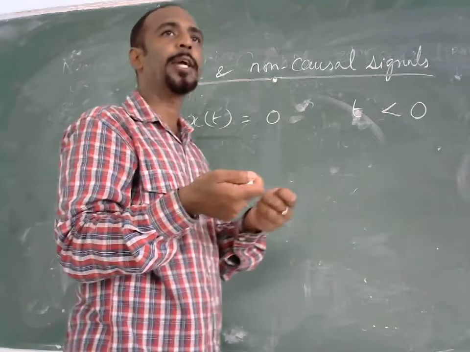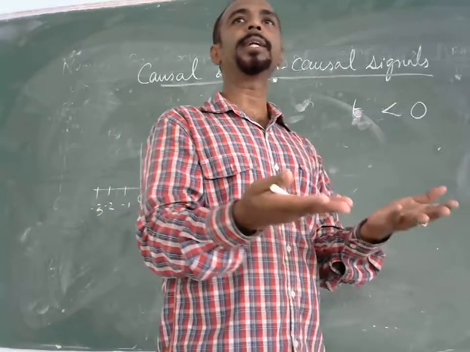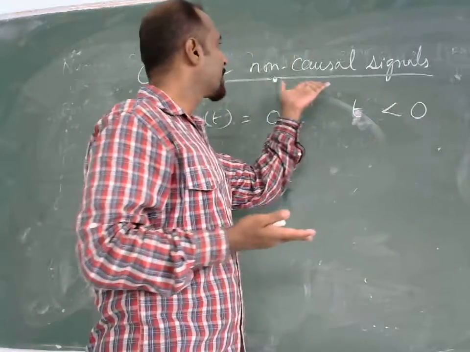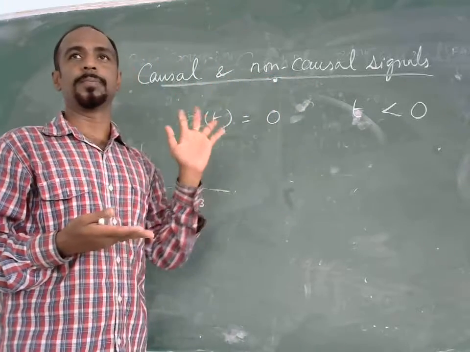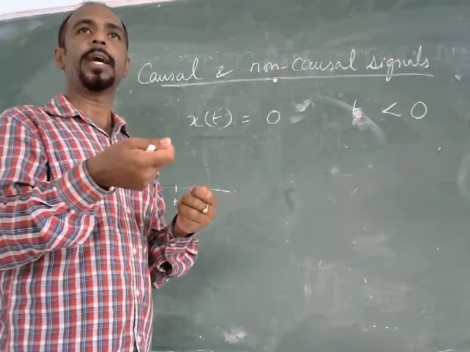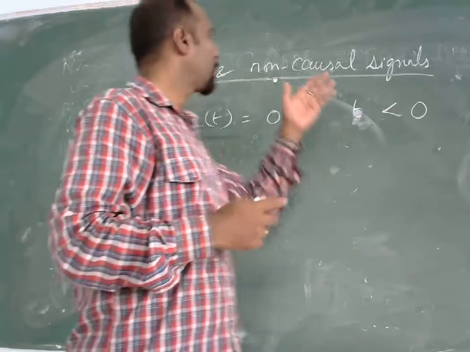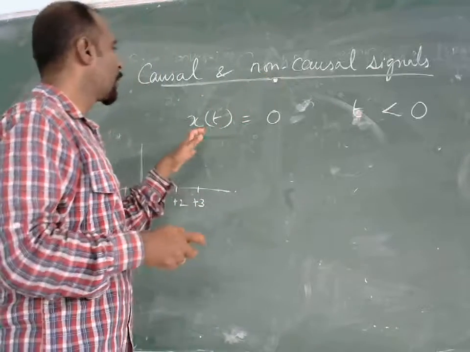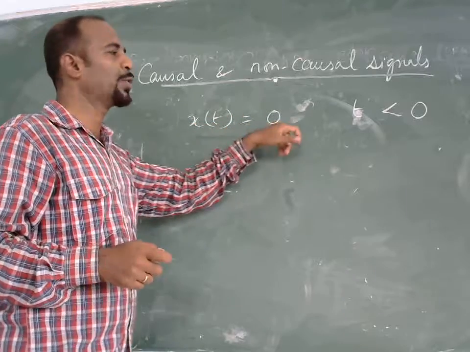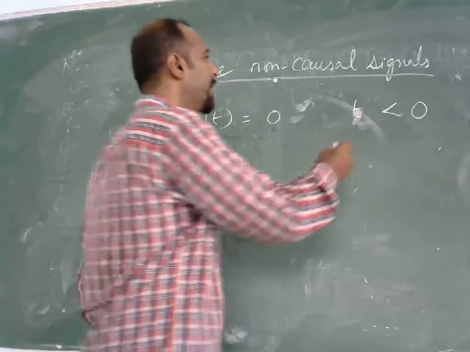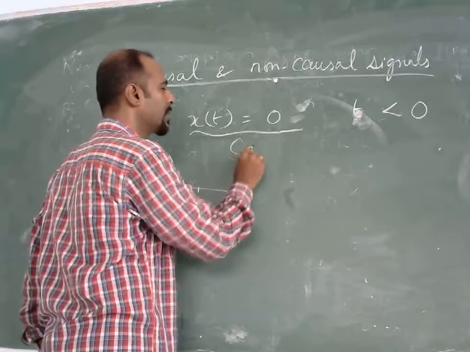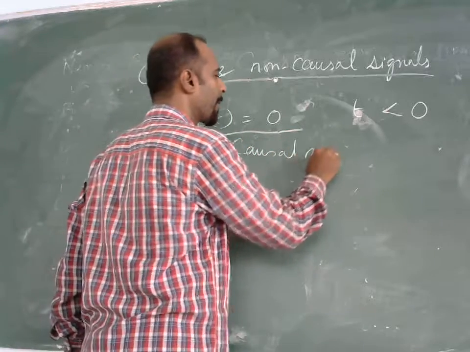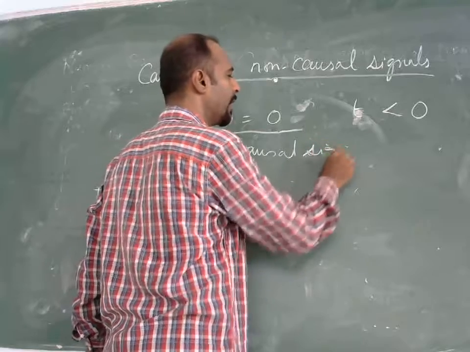So that means if, before giving an input, it is already predicting the output, such things are called non-causal. Before the input is applied, the output is coming. So that is non-causal. So if x of t is equal to 0 for t less than 0, it is a causal system, or causal signal.